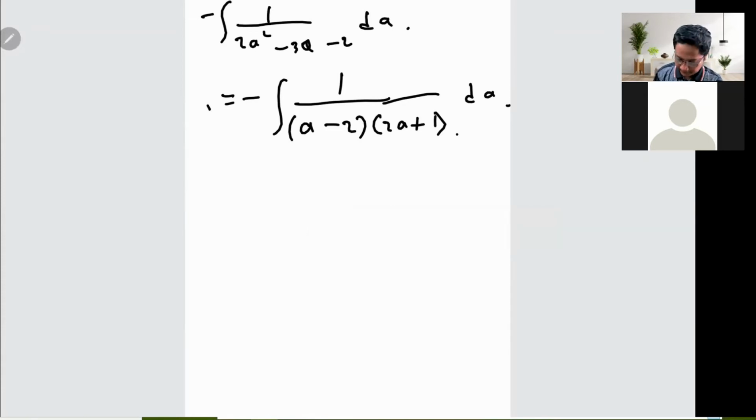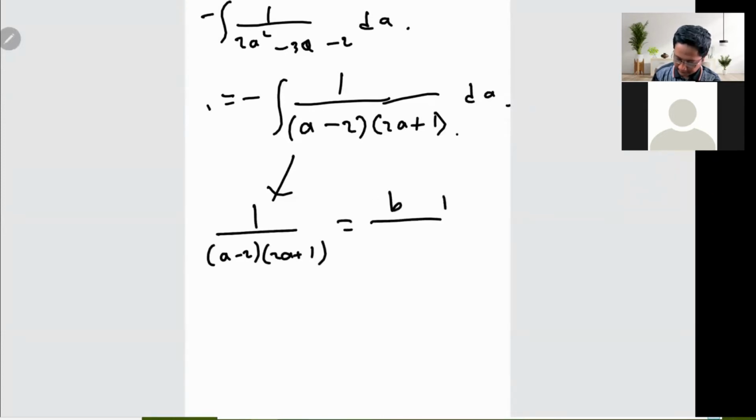So should be fine. And again, you know what I have to do. I have to split into 2. So I change to maybe B over something plus D over 2A plus 1.